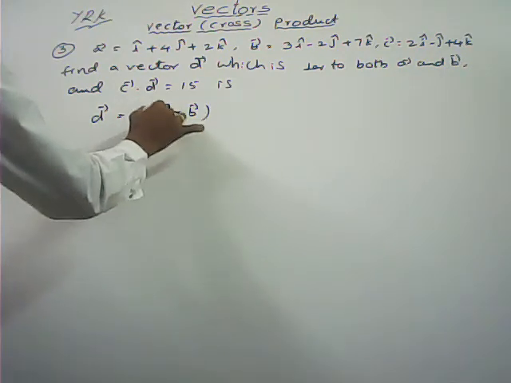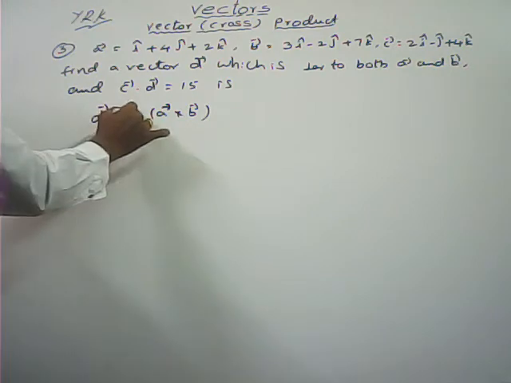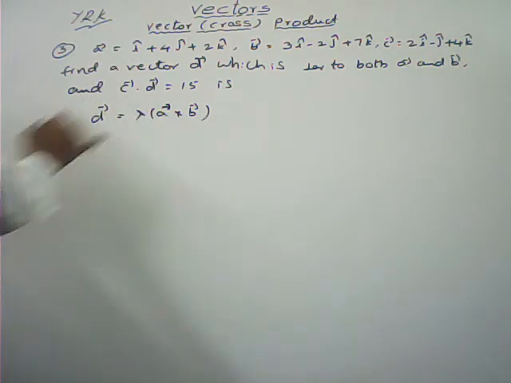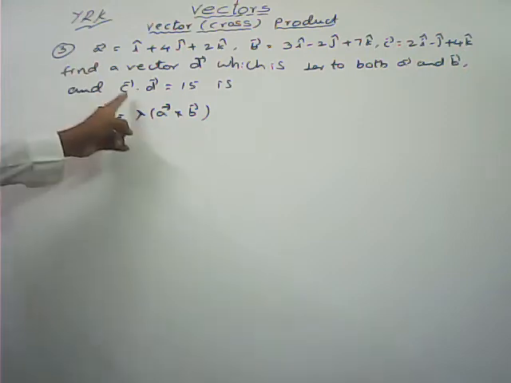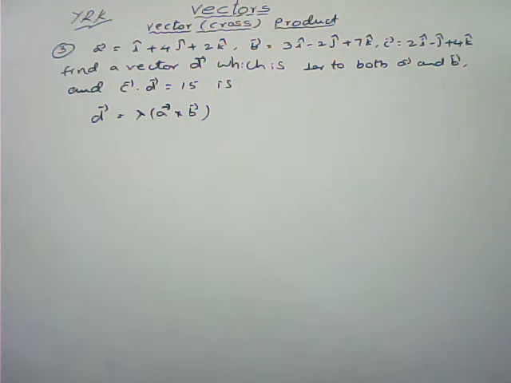But here we don't know the magnitude of D bar. So that's why here I am taking lambda times A bar cross B bar, its magnitude lambda. Here one more condition also given. If one more condition is not given, the vector perpendicular to both A bar comma B bar, we can take directly A bar cross B bar.